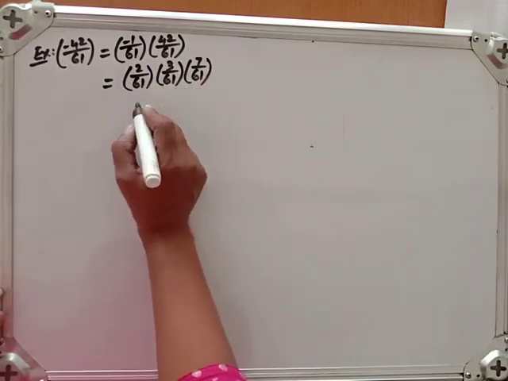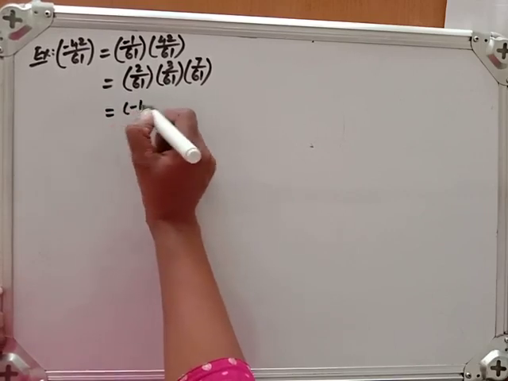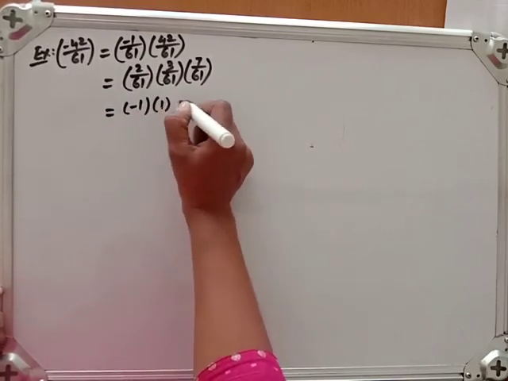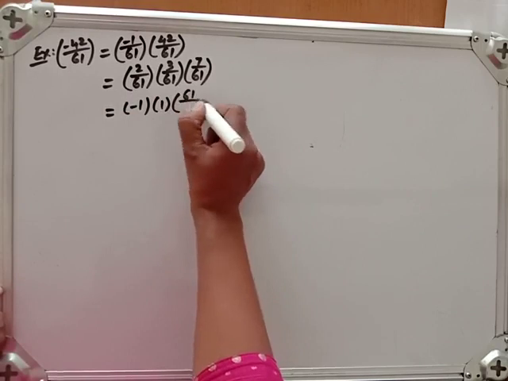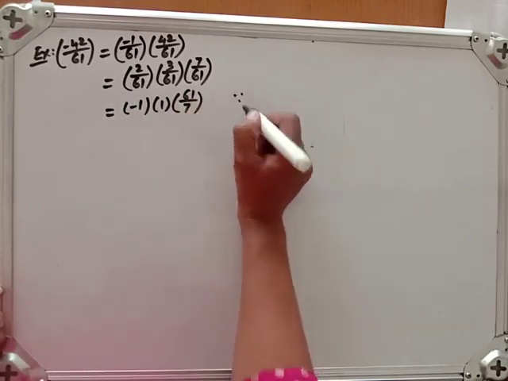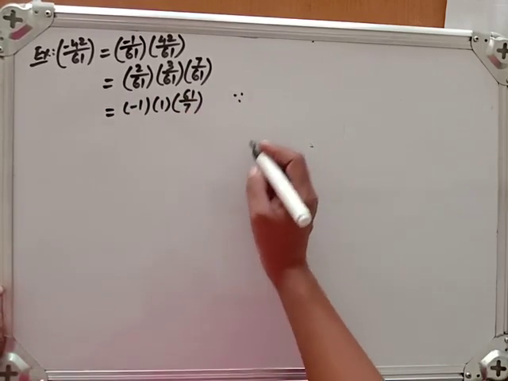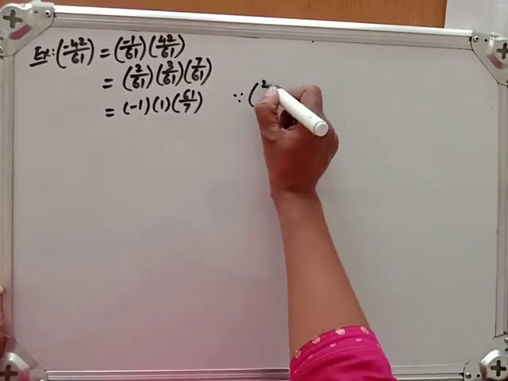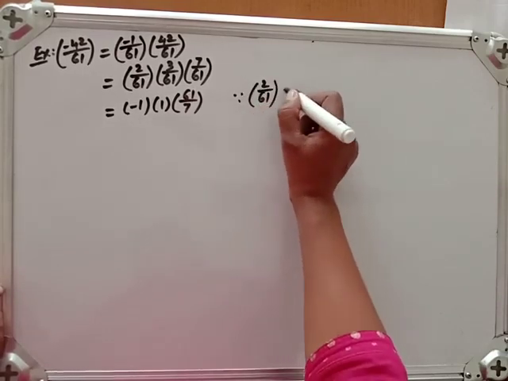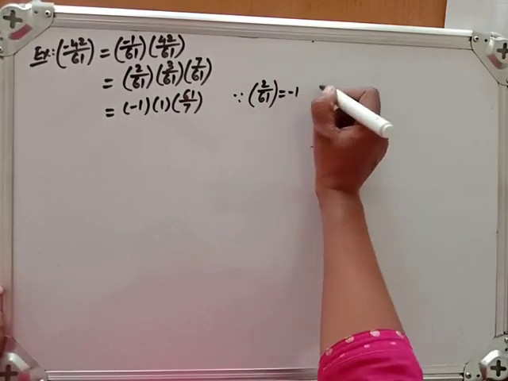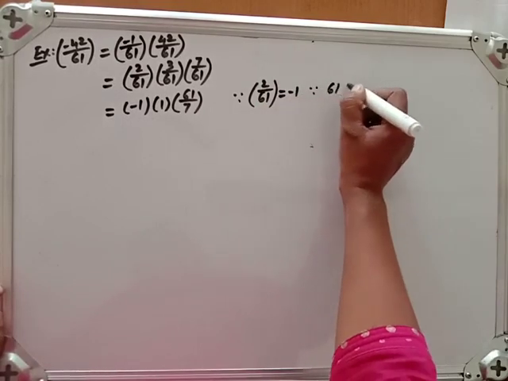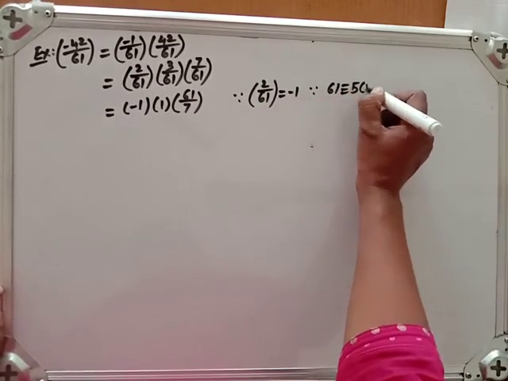So this is equivalent to minus 1 into 1 into this is 61 by 7, because what are the reasons? The Legendre symbol of 2 by 61 is minus 1, since 61 is congruent to 5 modulo 8.